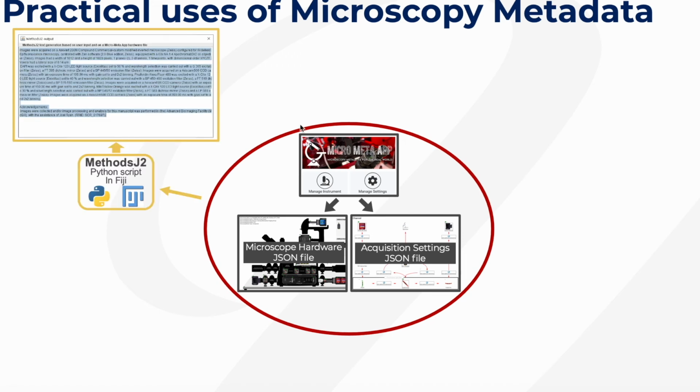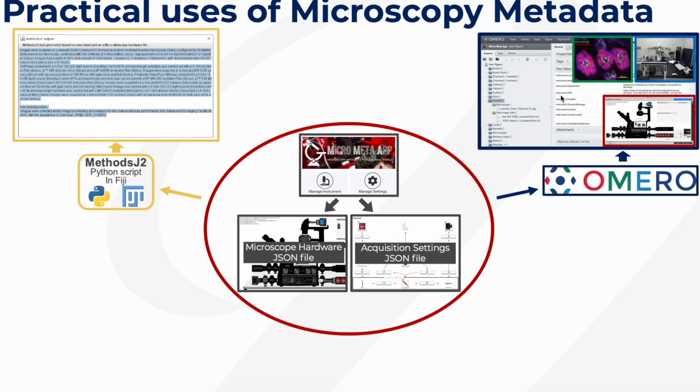The first thing you can do is import them into MethodsJ2 and automatically produce methods text for scientific publication. You can also import them into OMERO to annotate your image data.